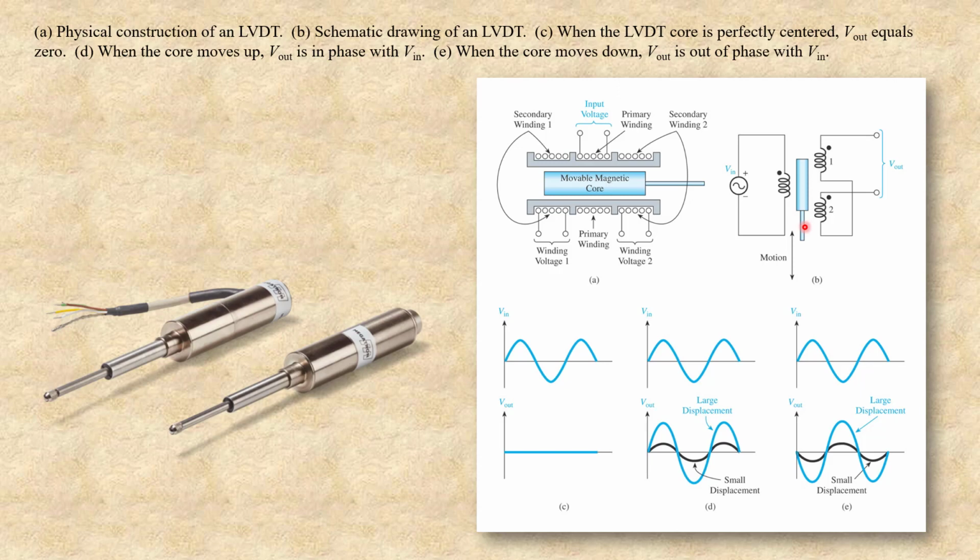In other words, if this device moves down, then the voltage that's induced in this winding is going to be much greater, because there's going to be a much greater transfer of flux because of this core being in there, than up here, because now this will have moved out of the way. This voltage will be much lower. On the other hand, if this were to move up, the opposite would be true, and this would be higher than this one. So if you look at that, you see that you can have a positive and negative voltage that's coming out of this movement of a piece or device.